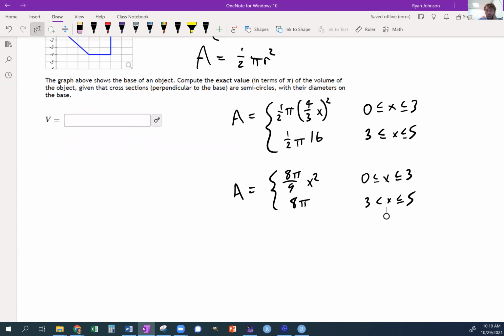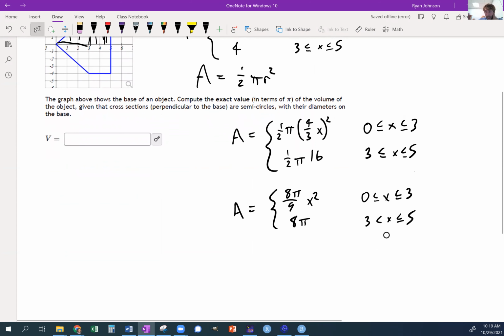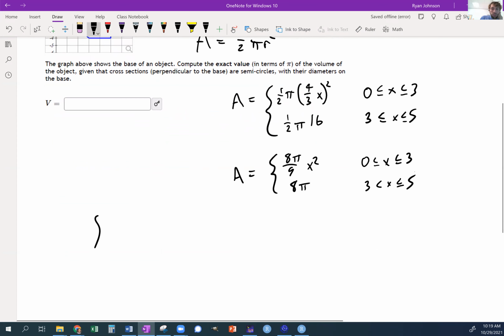Okay, so then the volume will just be adding up all the area slices. So volume equals the integral from 0 to 5 of area. Okay, so that's going to be 2 integrals because I have a function defined by parts.